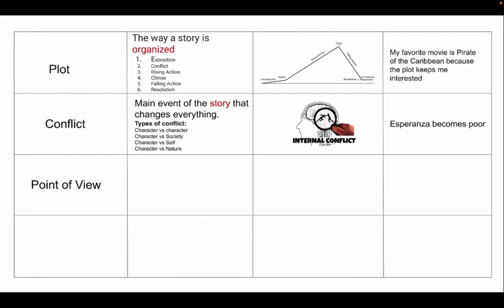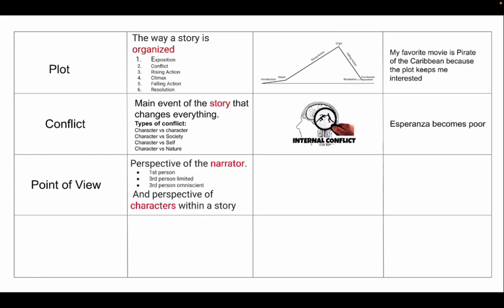Then, seventh, we have point of view. There are two different parts of point of view. There's the perspective of the narrator, and then there's also the perspective of the characters within a story. For example, I know that Zelda is in third person limited because it's outside of the character. We can see the character moving, but we only follow one character around.